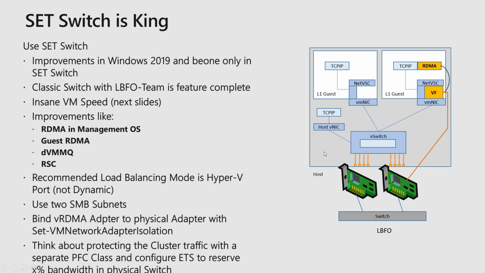When you set up this fully converged design, so let's say we have only two network cards in our Azure Stack HCI host with a SET switch, you have to create vNICs for your management OS because your cluster has to communicate with the domain. You have to have east-west communication between the nodes.